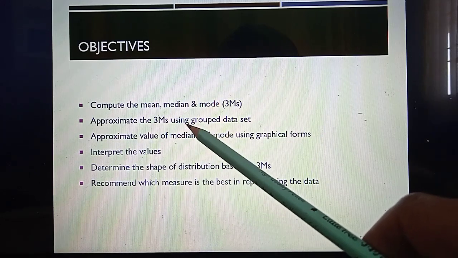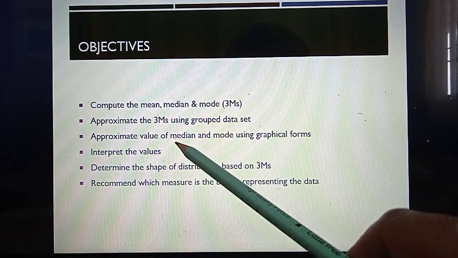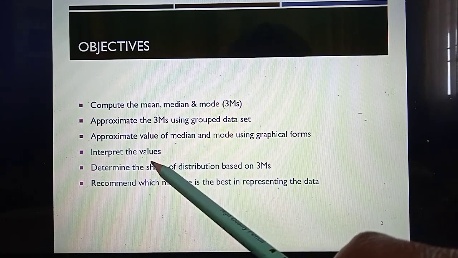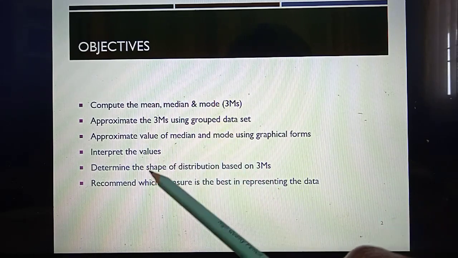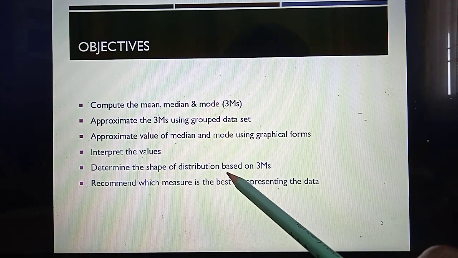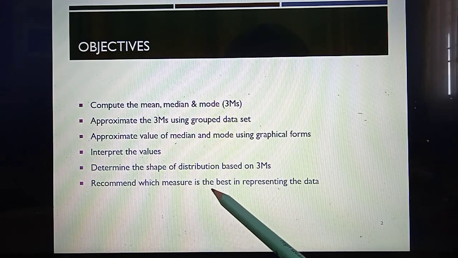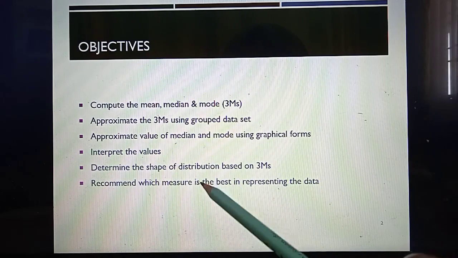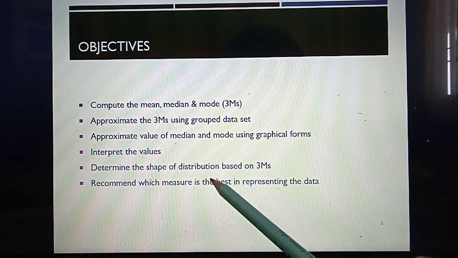To approximate the 3Ms using group data set, to approximate value of median and mode using graphical forms, to interpret the values of the 3Ms, to determine the shape of distribution based on 3Ms, to recommend which measure is the best in representing the data. So these are all objectives that we are going to achieve throughout these topics, these chapters.